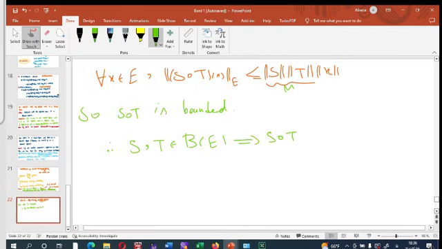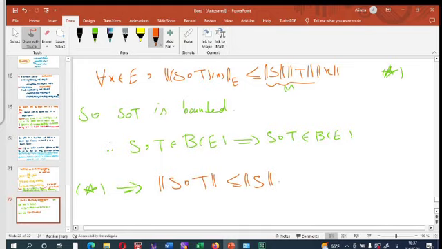And also by this star we see that the norm of S∘T is less than or equal to the norm of S multiplied by the norm of T, because we know that the norm of S∘T is the infimum of these M's.